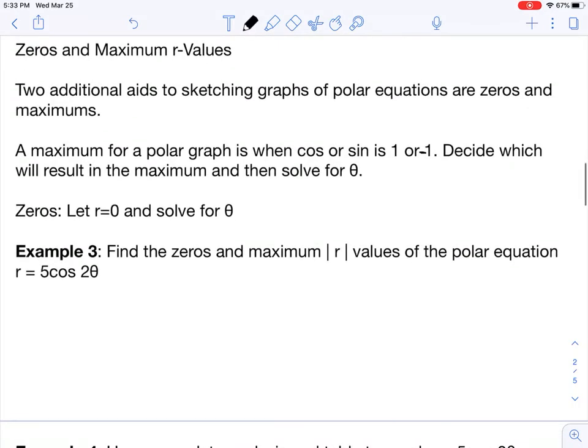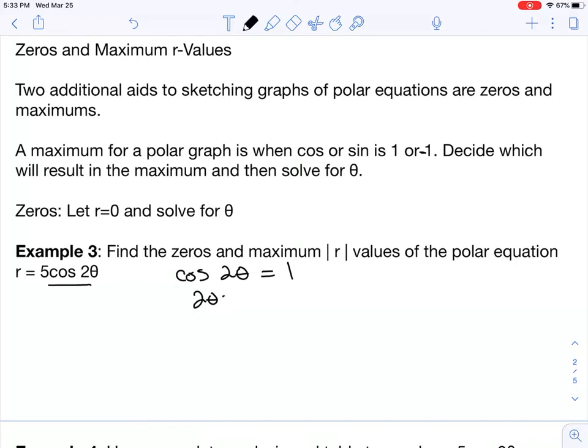So let's look at the zeros and the maximums for the polar equation r equals 5 cosine 2 theta. All right, so when is this going to be a maximum? Well, it's going to be a maximum when the cosine of 2 theta is its biggest, and its biggest is 1. So when is cosine equal to 1?